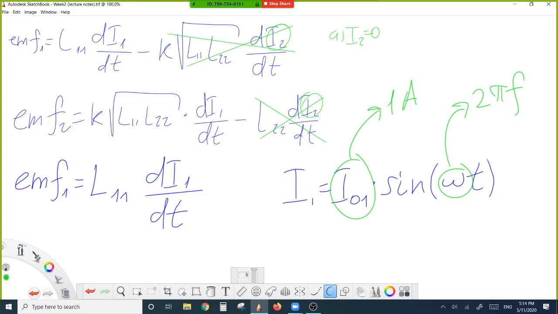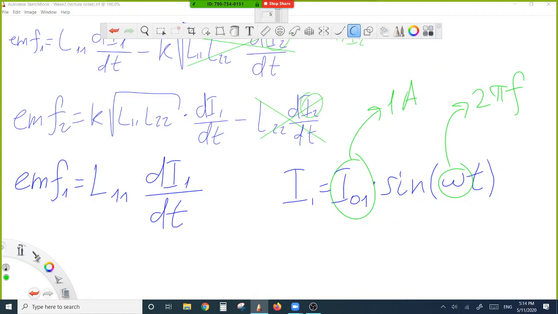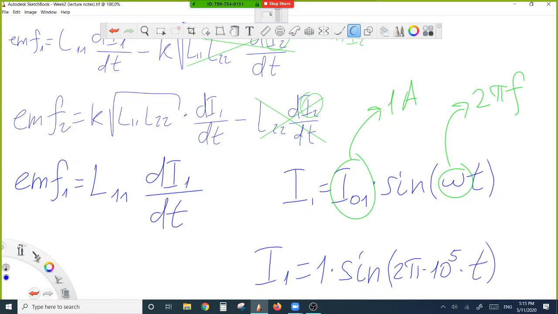So for I1 we can write 1 multiplied by sine 2 pi 10 to the 5 t. We found I1.